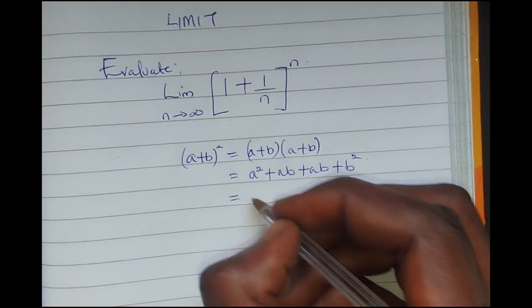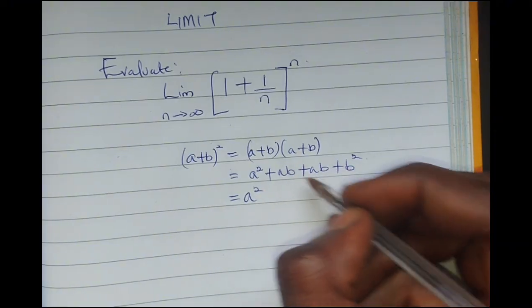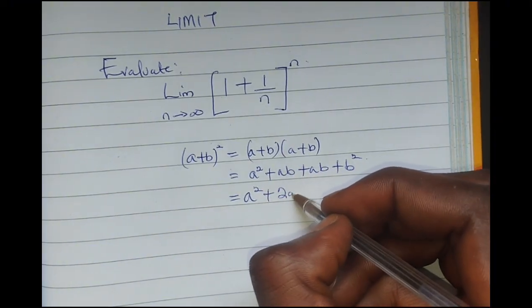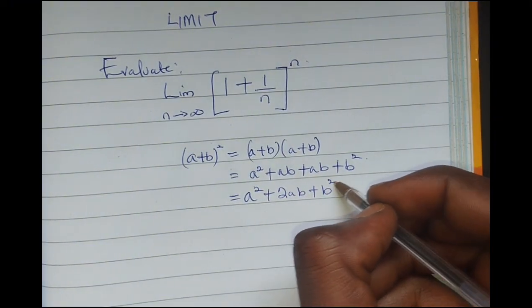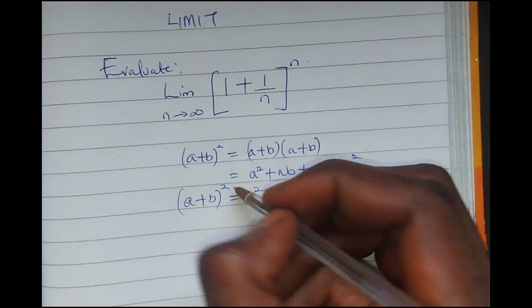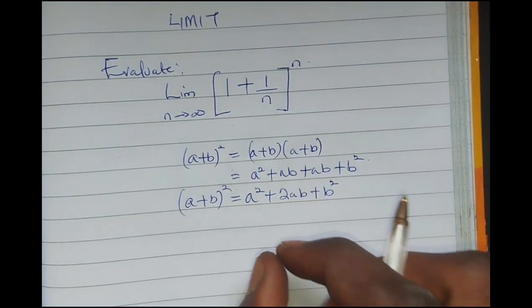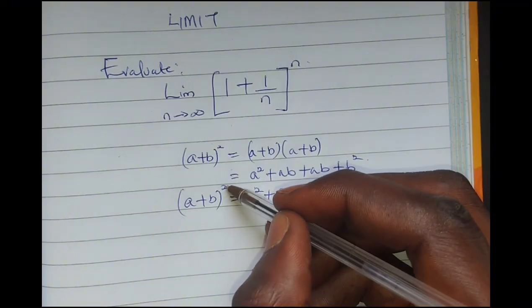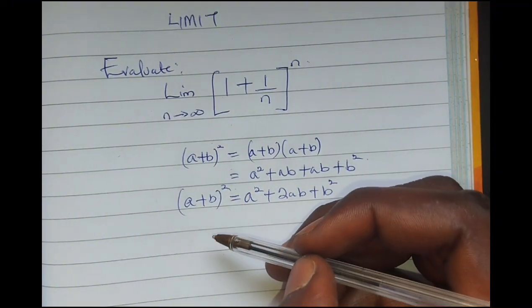Now we have a squared, ab plus ab is twice that value, plus b squared, and all is equal to (a + b) all squared. Now this is easy and straightforward because the power is 2 and it's simple.